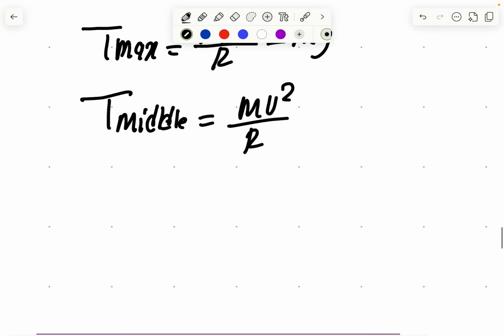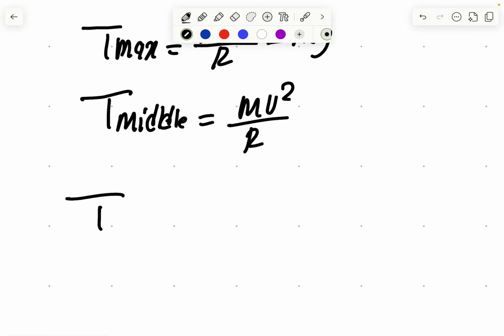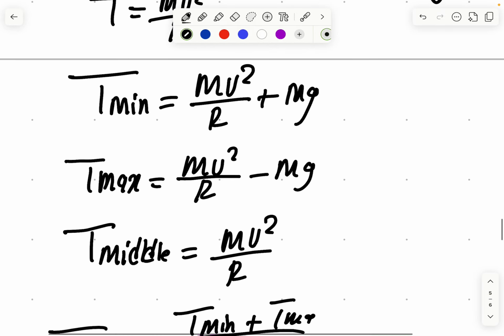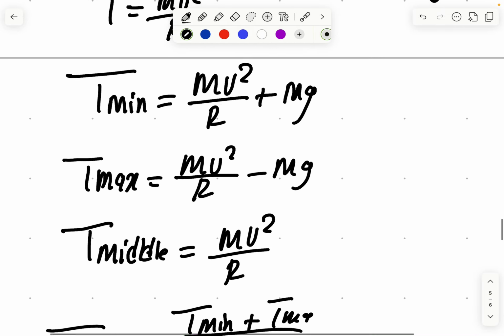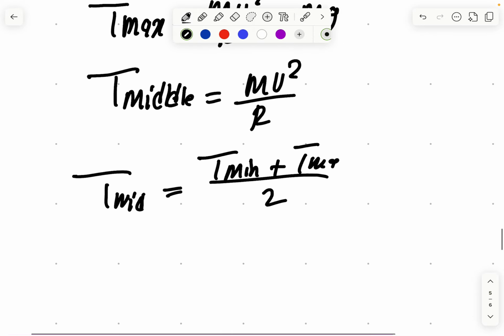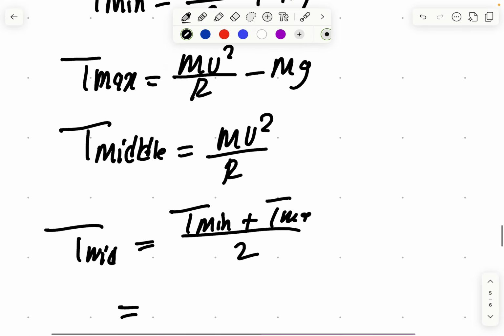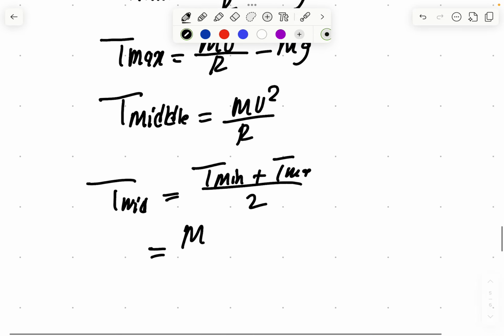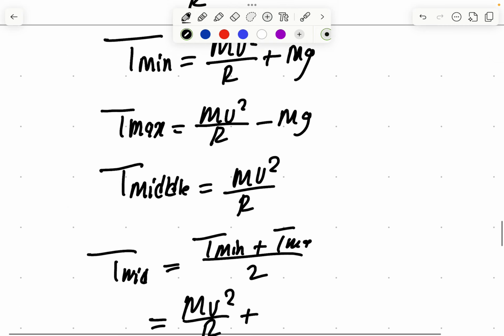Someone one day told me that if I want the tension at the middle, I should say tension at the minimum point plus tension at the maximum point, then divide by 2. I don't know if that is true. Let me try to prove whether what he said is true. Tension at the minimum point is mv squared divided by r plus mg.